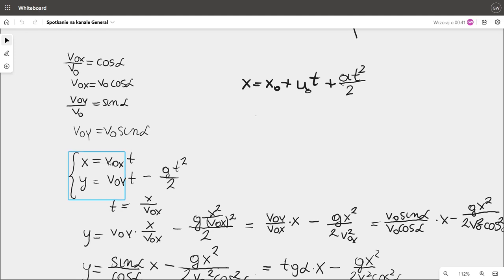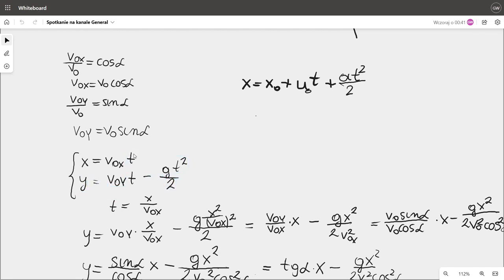X equals v0x times t. For the y-axis, y0 is 0, u0 is equal plus v0y, and a is equal minus g. And here we have the equation of motion for the axis y.